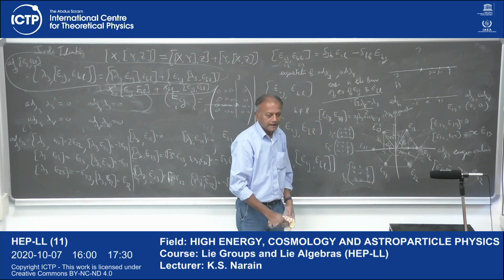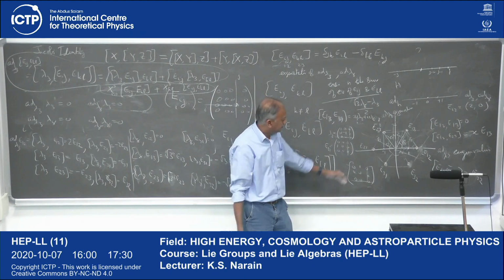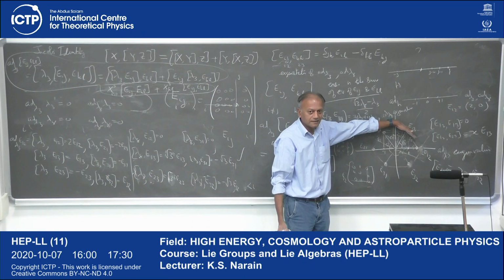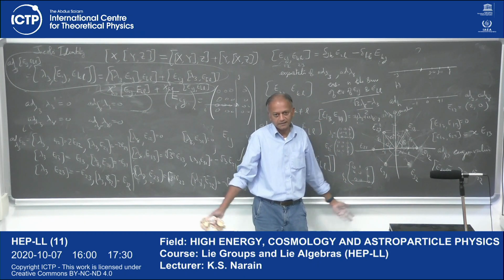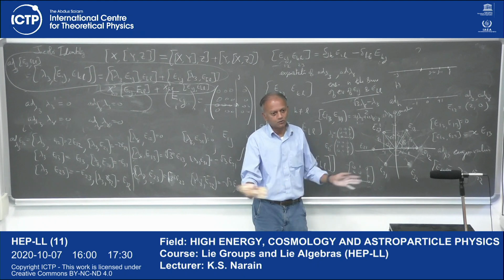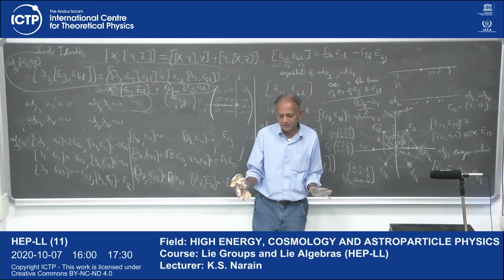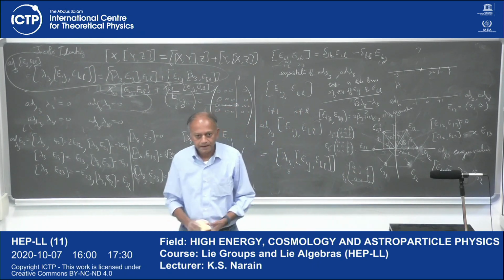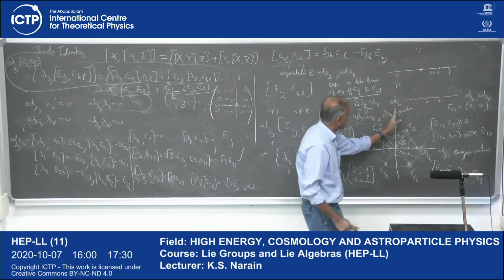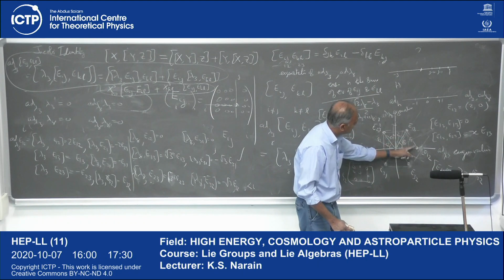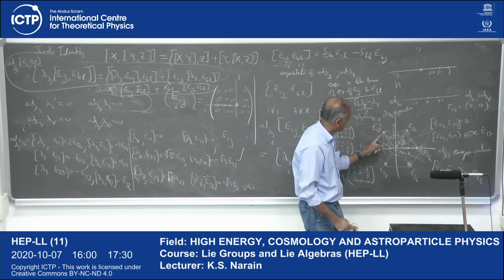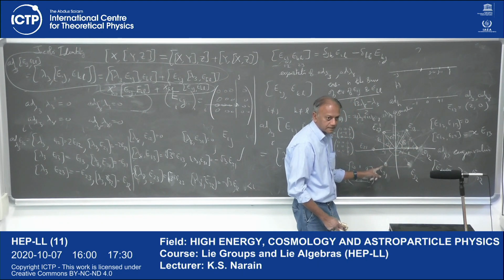And then you declare that everything lying on one side of this line, I will call positive roots. Everything lying on the other side, I will call negative roots. You can choose whatever definition; the things will not change. So if I had chosen this line, then these three are positive roots, and these three are negative roots.